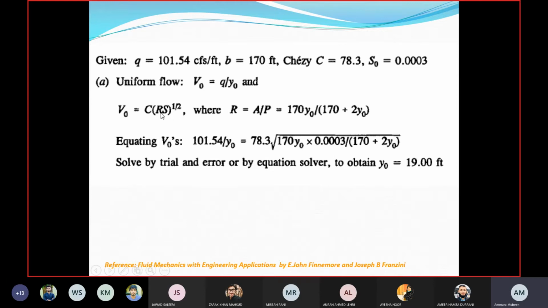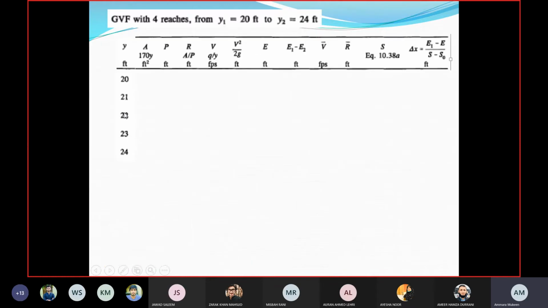So to get S, you need to find the mean velocity at the two sections. Like for 20 and 21, you'll have two velocities, and get the mean, and then get the mean hydraulic radius, and then you can get the slope using the mean values of the velocity.